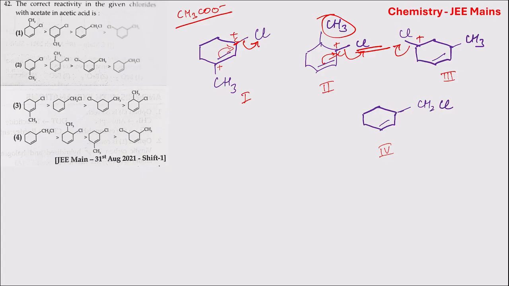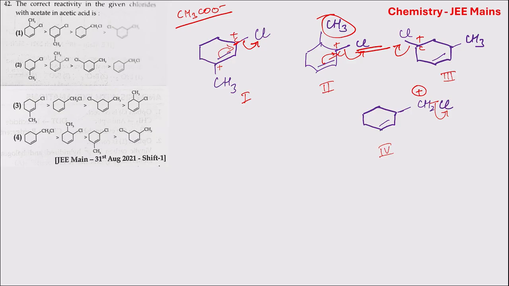Positive charge is generated on the carbon atom, but this positive charge does not get delocalized. So reactivity of the third compound is less than that of the first and second. The fourth compound, chlorine is bonded to side chain. So here also chlorine leaves as chloride ion, and again the positive charge is not getting delocalized on the ring.